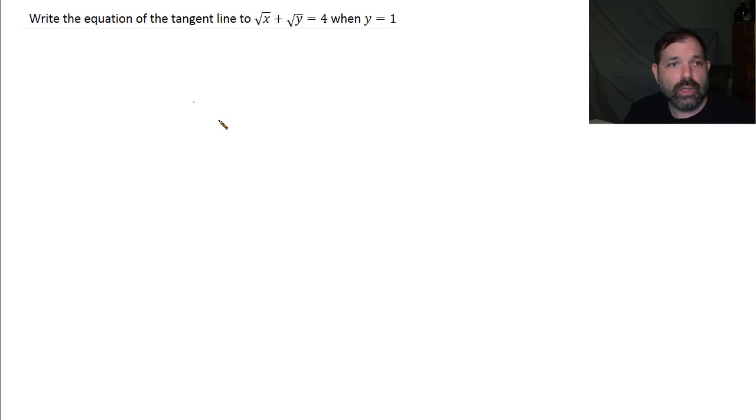I'm going to go ahead and just apply implicit differentiation. So then d by dx of square root x plus square root y would then equal d by dx of 4.